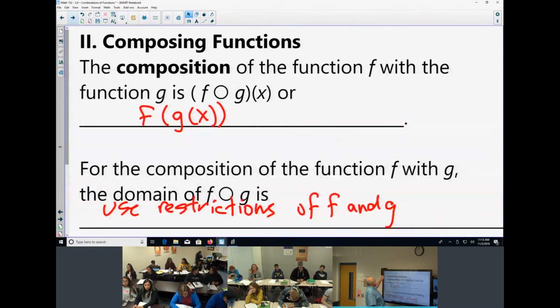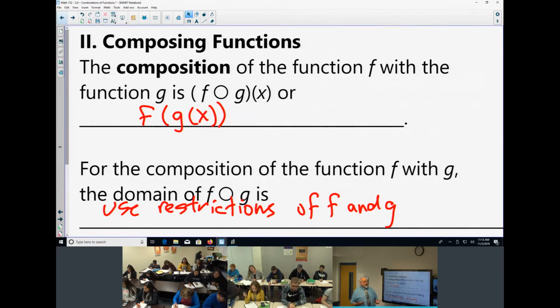Okay, next, composing functions. The composition of the function f with the function g is, and the book will usually write it as f and then like this O circle thing, g of x. This is how I prefer to write it, where it's the f of the g of x.